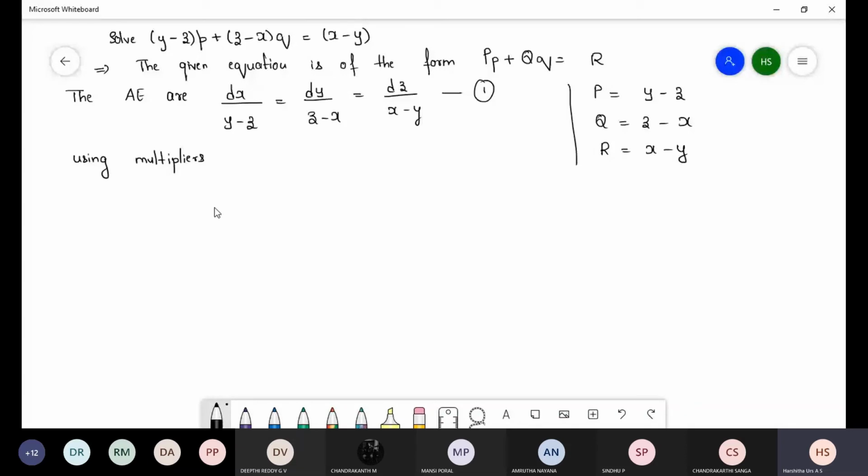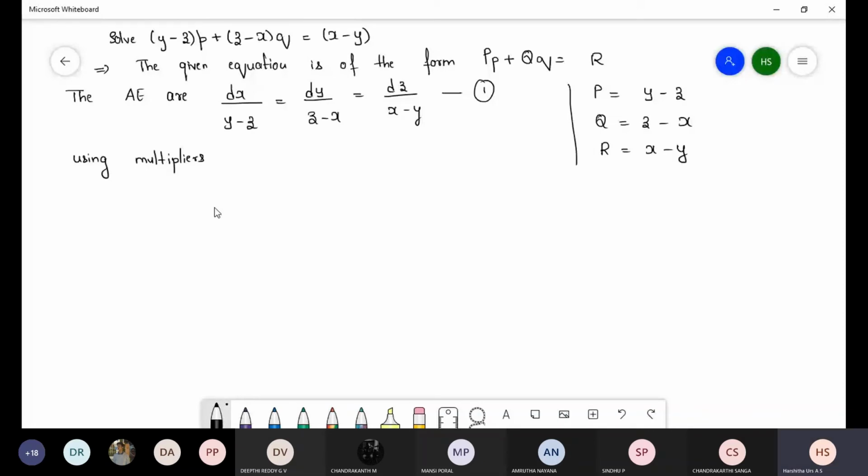First case is dx by p is equal to dy by q is equal to dz by r. That is equal to, one more thing we have written, k1 into dx. k1 is a multiplier, k2 is also a multiplier, and k3 is also. What we have to multiply with the numerator, if we multiply the same with the denominator should become 0.